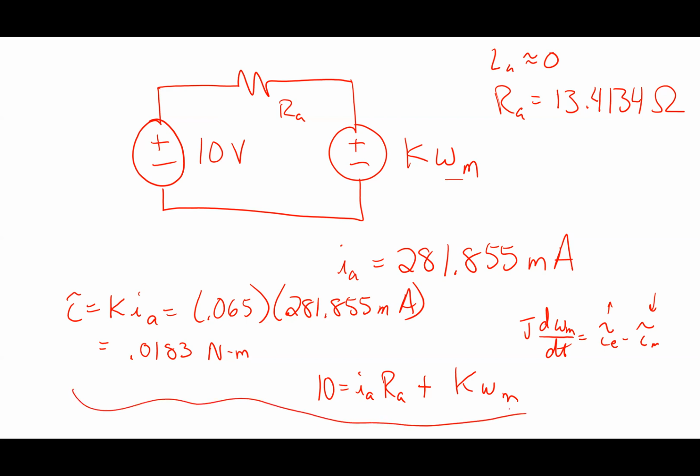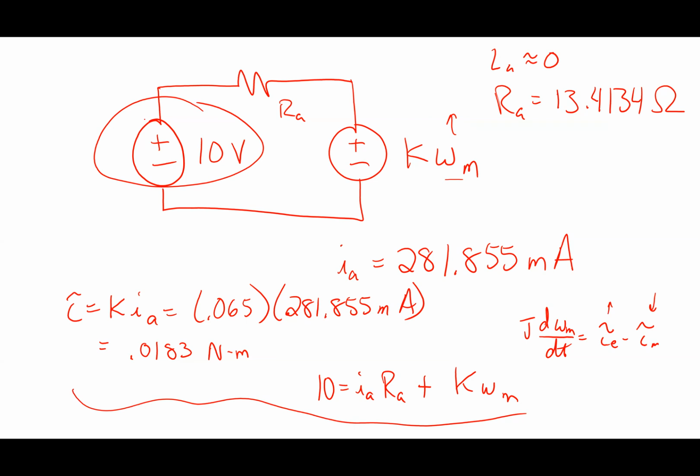Now here's a question. If I make this thing produce more torque, so if I grab the shaft, it slowed down. Let's say I wasn't happy about that. Let's say I wanted to make a constant speed motor. What would I have to do to make the motor speed up? Put more voltage on them, right? So if I increase the voltage, so if this went from 10 volts to say 12 volts, omega M would increase, okay? How would I do that though? That means that this voltage source needs to be variable.